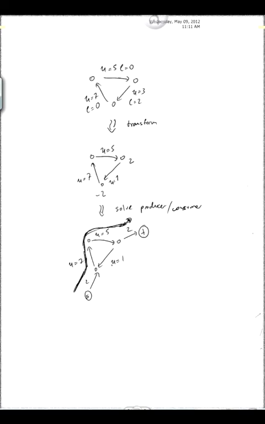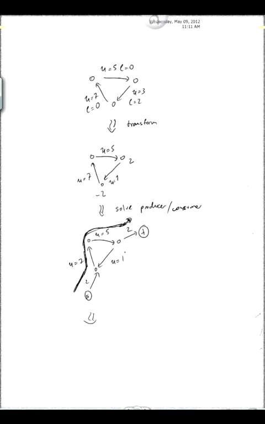But remember that we wanted a feasible flow for this original lower bound problem. And right now what we're getting is that the flow on this arc should be 2, the flow on this arc should be 2, but the flow on this arc right now is 0. So how do we know that the flow on this arc should actually be 2?